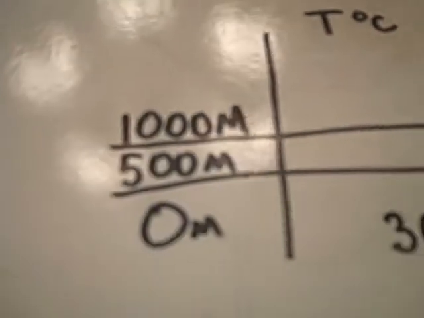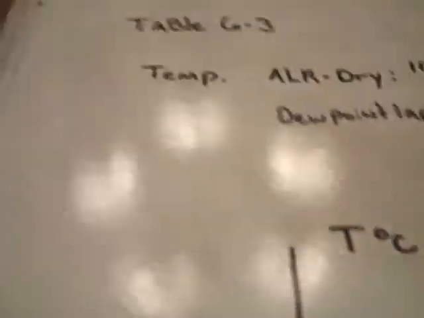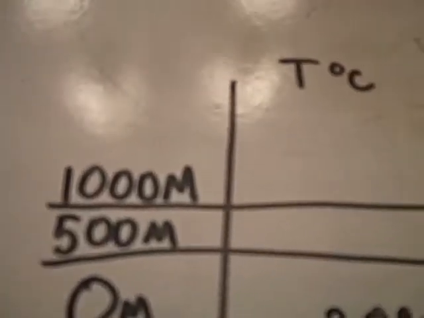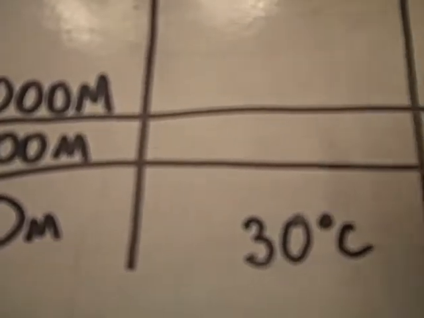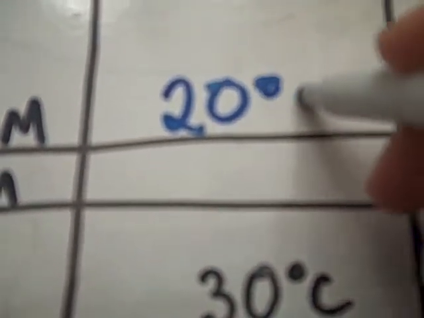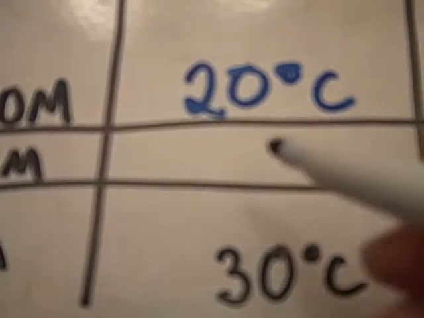So on the table, which down below here has the surface at 0, and then 500, and then 1,000 meters, we have a temperature, which is regular temperature, at 30 degrees. And so at 1,000, I have to drop 10 degrees, so this here is 20 degrees C, and the in-between is halfway, which is 5, so this would be 25 degrees C.